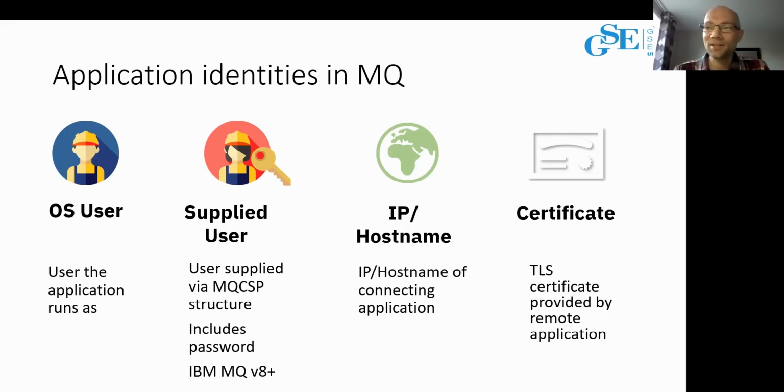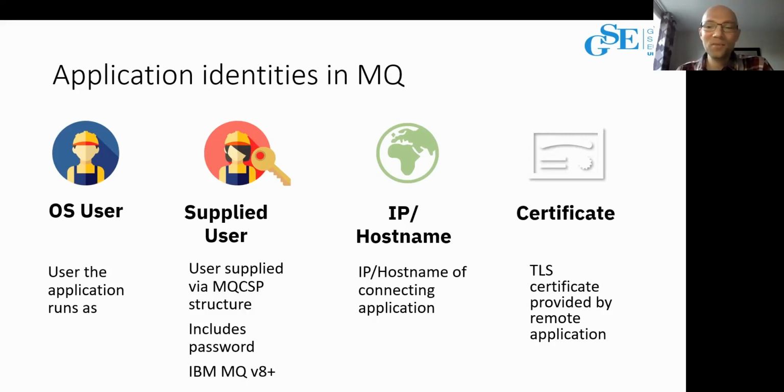And if the client, which in MQ terminology is either a connecting application, so an MQ client, or a queue manager that's connecting to another, sends a certificate to the queue manager as part of the TLS handshake, then that is a bit of information that can be used to identify the application or queue manager that is connecting.